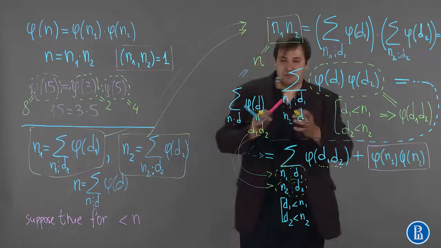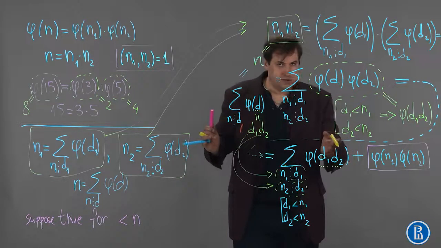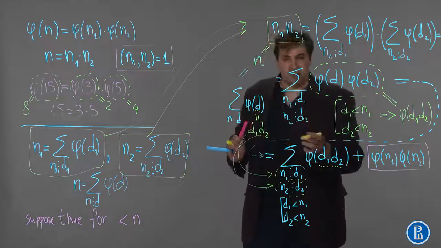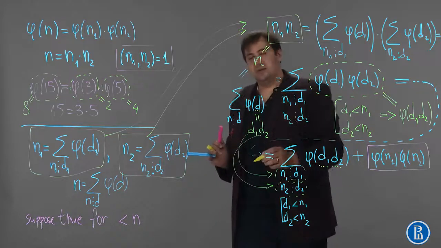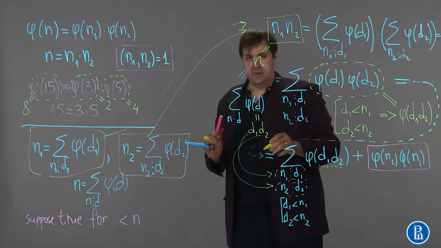And this representation is unique. This decomposition is unique for each d, which is a divisor of n.